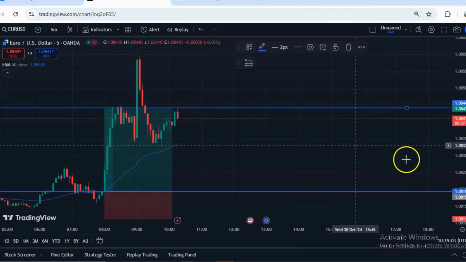Let me bring it here. So let's say you exited the market at 1.08439. As I told you, the 9 is the pipette.